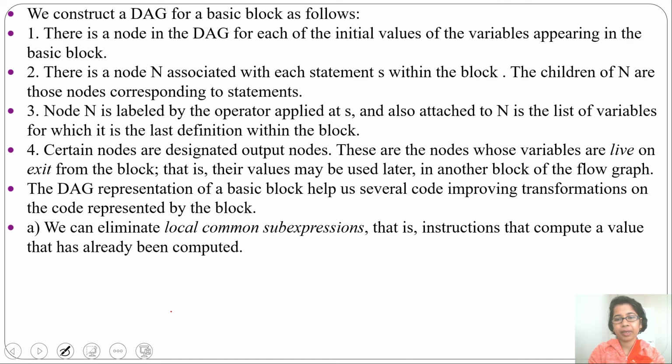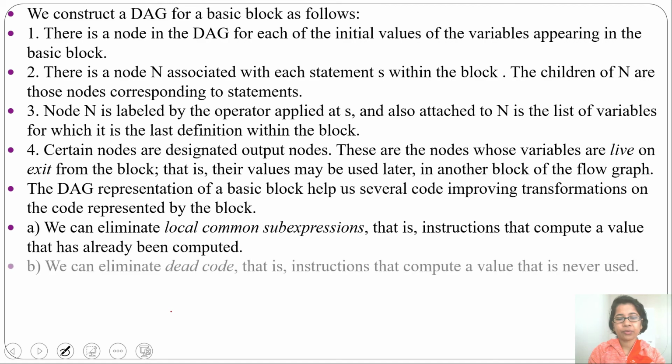Means if that value has already been computed, there is already a node, then that is called a local common subexpression. Next, we can also eliminate dead code. What is dead code? An instruction that computes a value that is never used, which has no next use, that is dead code.